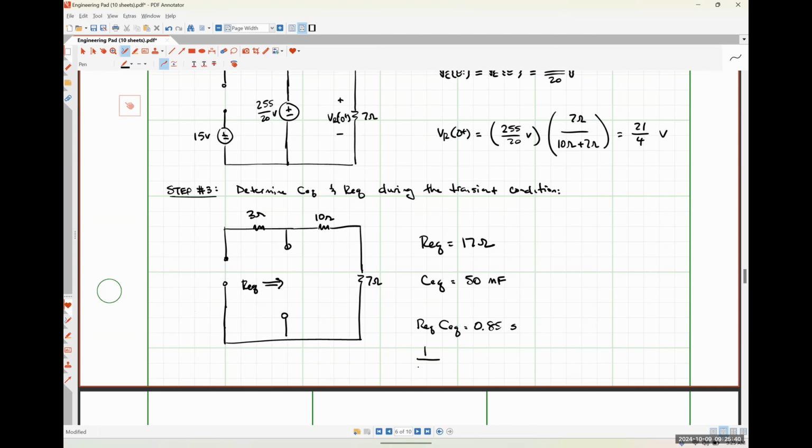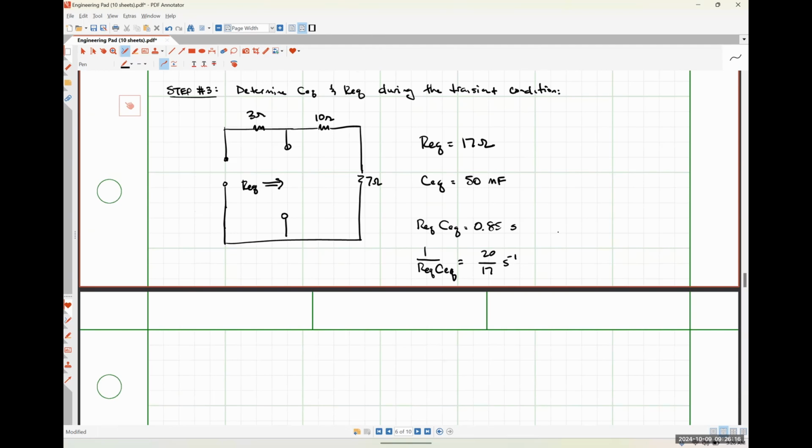So 1 over REQ CEQ, goodness, that first Q looks terrible, second Q doesn't look much better, is 20 over 17 per second. The reason why I'm writing it that way is because I know that I'm going to have T divided by REQ CEQ. So it's going to look like 20 over 17 times T when I put it in my final equation. So I'm just getting ahead of myself there.